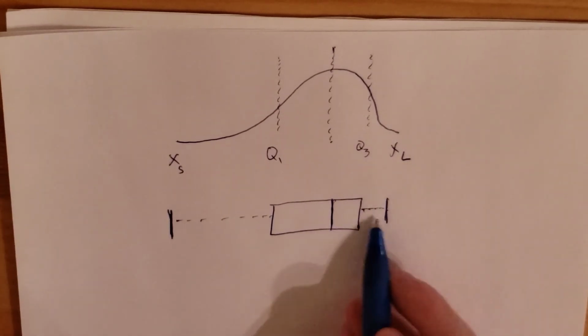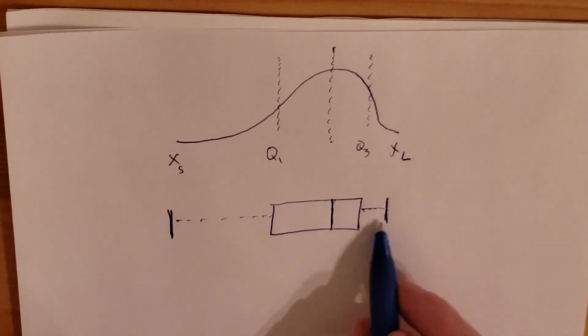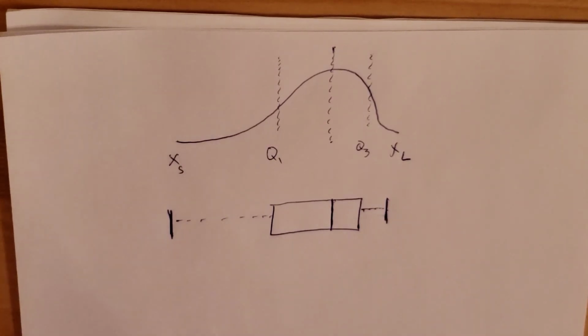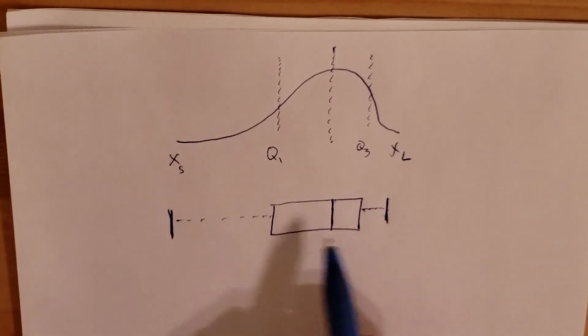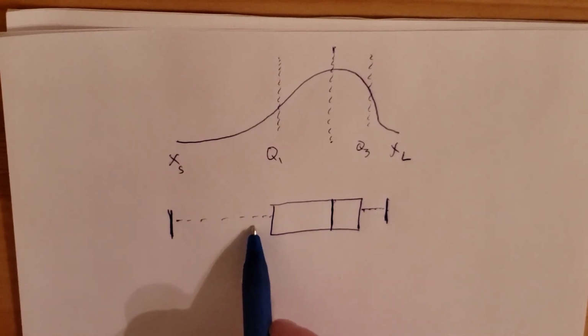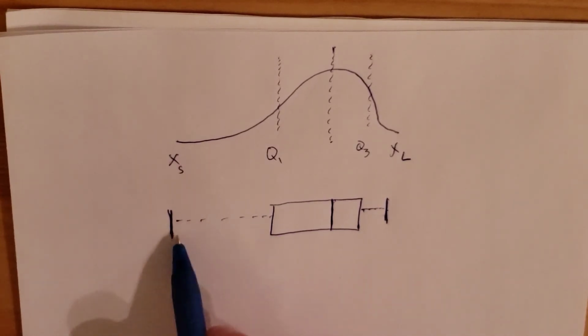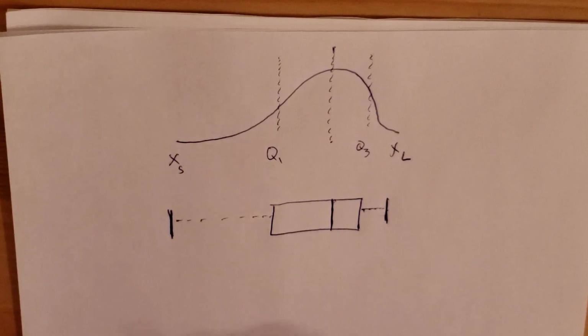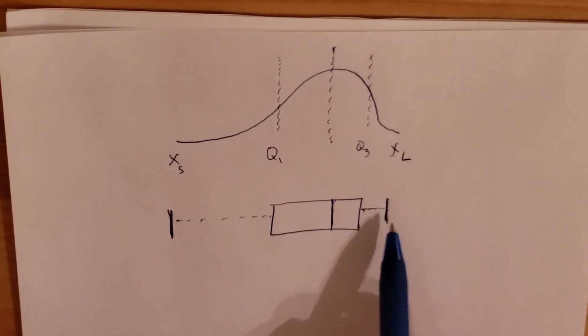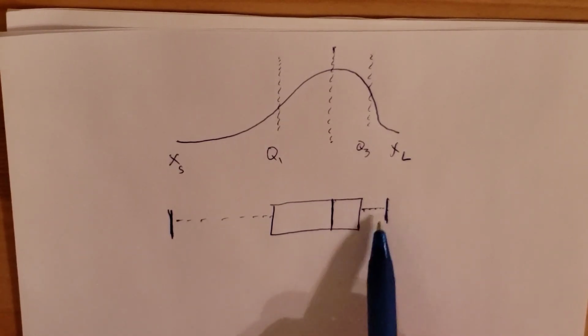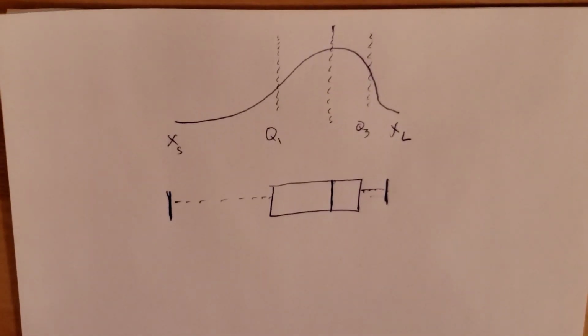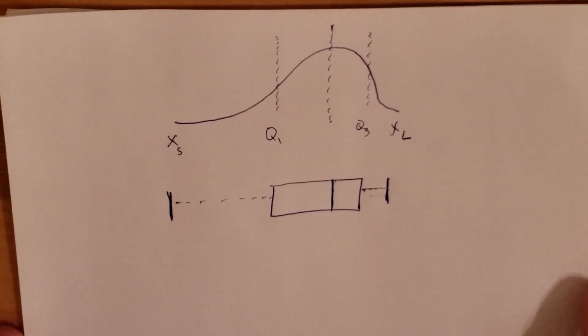And notice the tail on the right side is a lot smaller than the tail on the left side. So if we see a box plot that looks like this, this suggests our data was left skewed. Similarly, if we have something right skewed, then the tail on the right side will be much longer than the tail on the left. And that's where we will end this video.